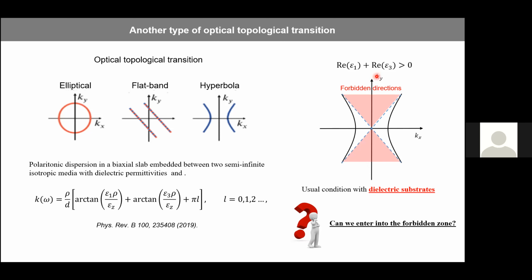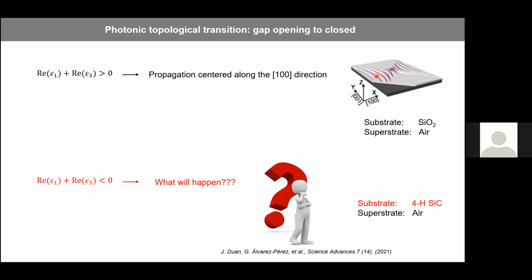This is quite easy to understand because we always use air as the superstrate, so the permittivity is 1, and we always use silicon dioxide as the dielectric substrate. When we fulfill this condition, we have the propagation centered along the 1, 0, 0 direction, which is the crystal direction of the molybdenum trioxide, like here, I show you in a specific resonant band, of course.